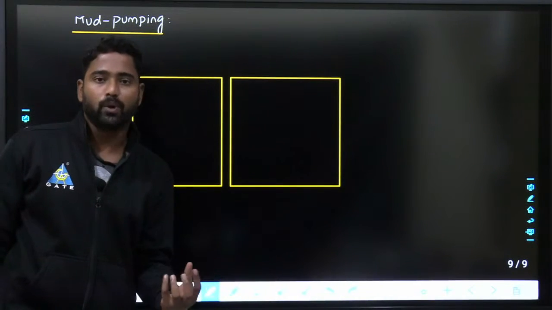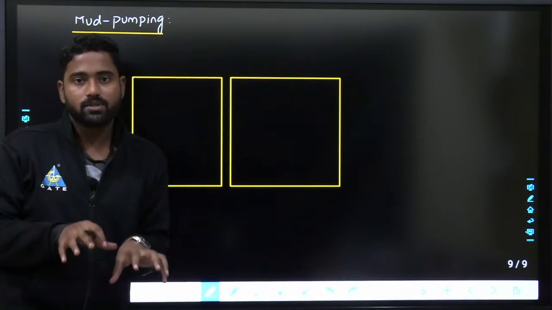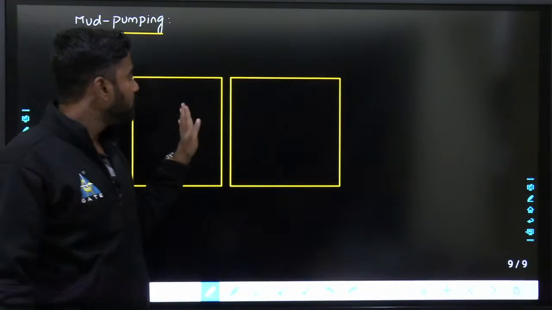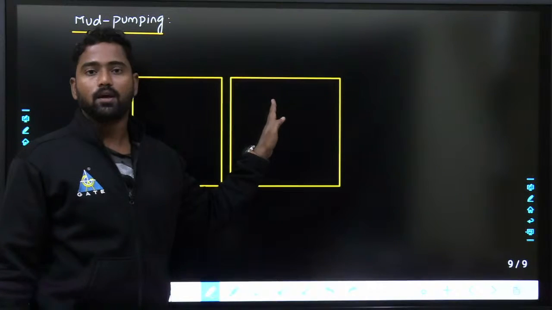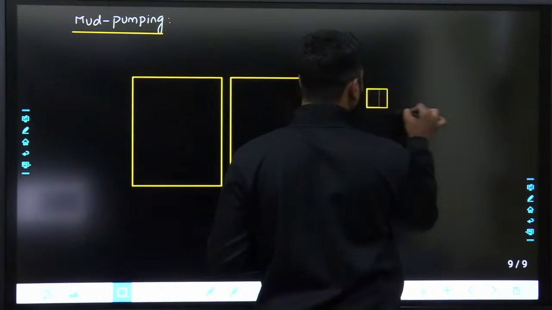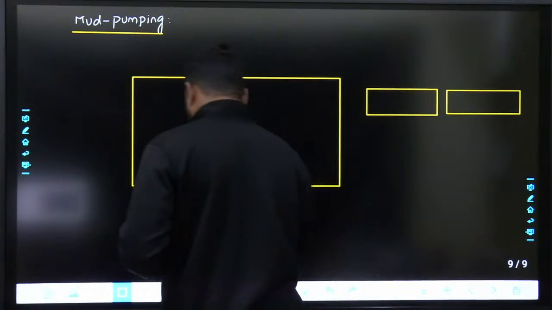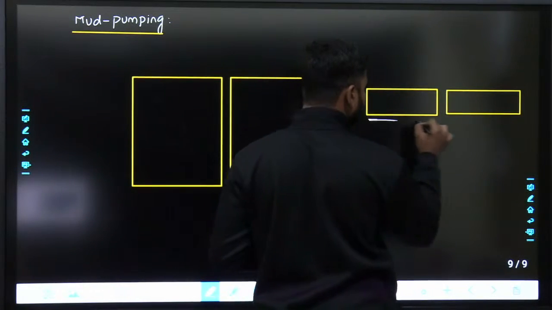And it becomes wet, right? That whole thing, that soil subgrade becomes wet. So if soil subgrade becomes wet, and whenever the load passes on this, that is plan, this will be cross section. Okay, let us say that is plan and this is cross section. This is some soil.